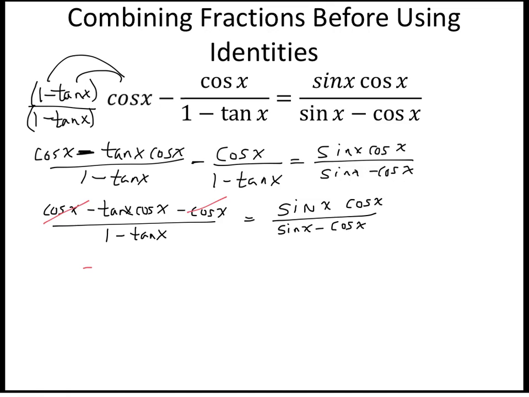So I'm left with a negative sine x over cosine x times cosine x over 1, all over 1 minus tangent of x. And my cosines will cancel out.